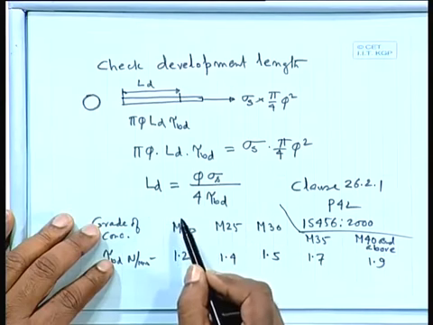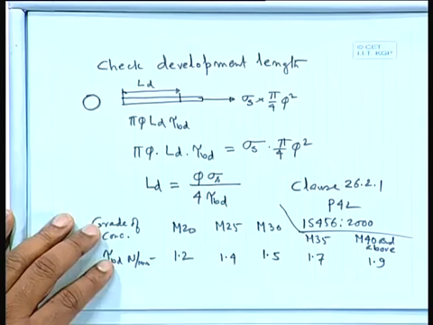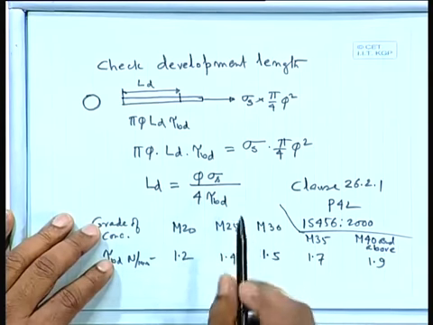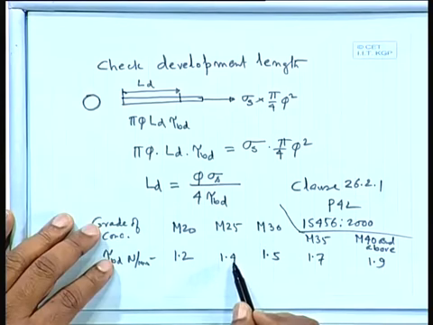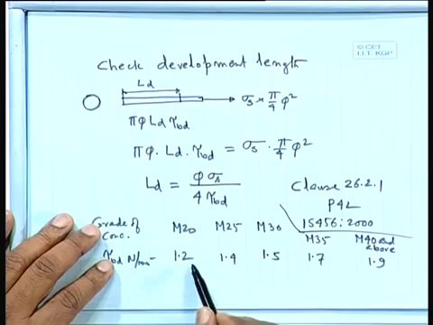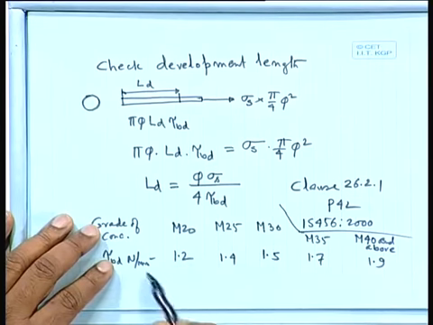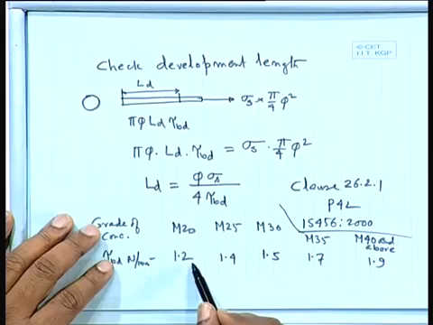In addition to that, it is easier to pull rather than push. So, for compression you increase the bond stress further by 25%. For a plain surface it is given as 1.2, and for deformed bar in tension you increase this by 60%, so multiply it with 1.6.